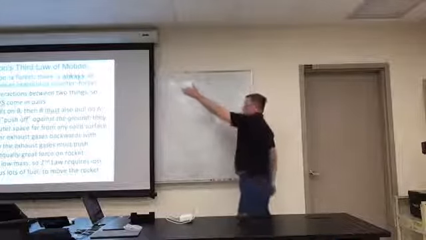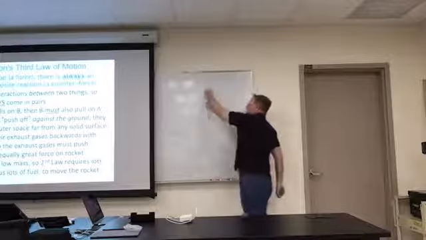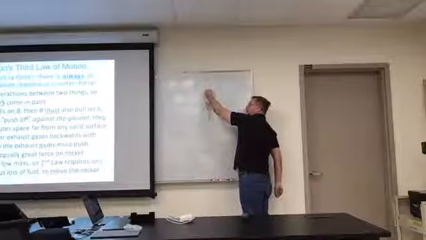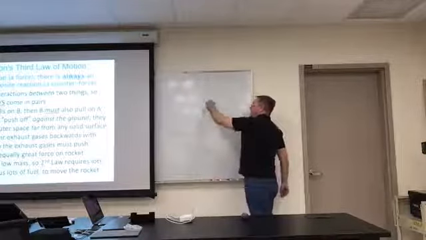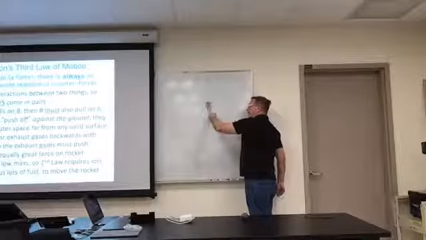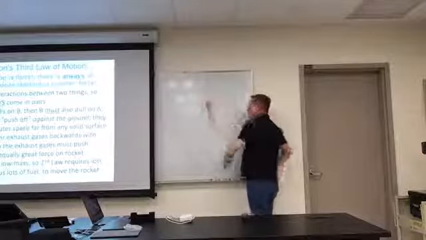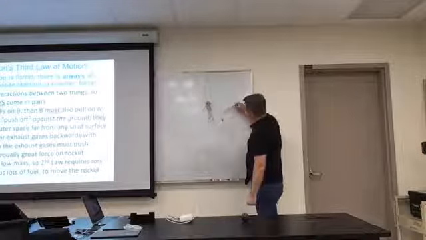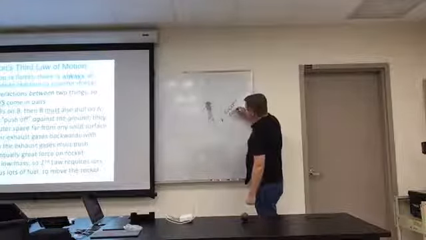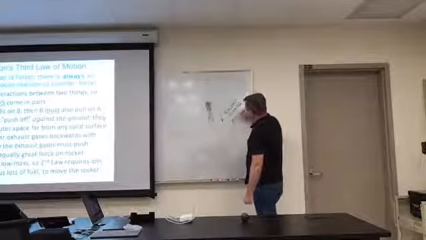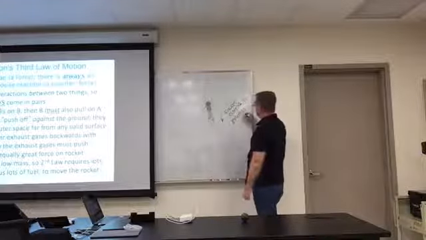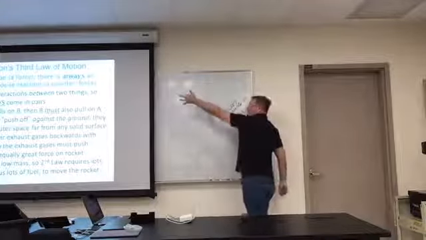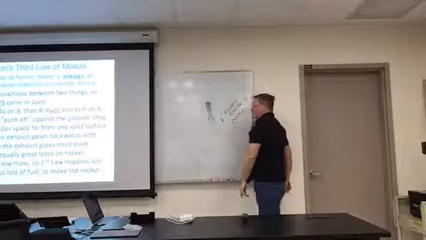But Newton's third law: if the rocket, item A, is going to push on the exhaust, item B, with tremendous force in that direction, so that's the rocket pushing on exhaust, then the equal and opposite reaction must also take place.